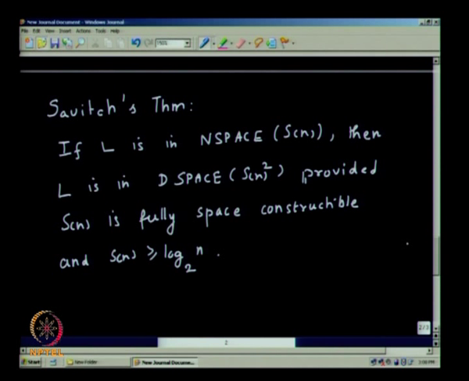You need not worry too much about this portion, because many of the commonly known functions are space constructible: log n, 2 power n, any polynomial, n factorial, everything. The main point is this: if L is in N space S(n), then L is in D space S(n) squared.